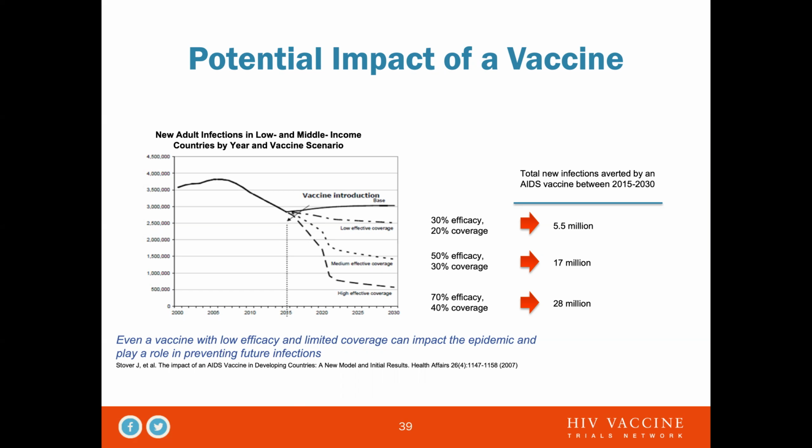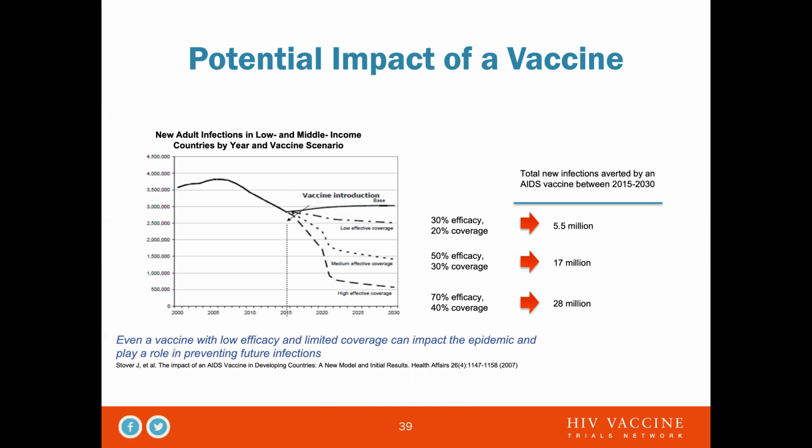If we had a vaccine that showed 30% efficacy or effectiveness, and we were able to get it into 20% of the population, we could avert approximately 5.5 million new cases between 2015 and 2030.